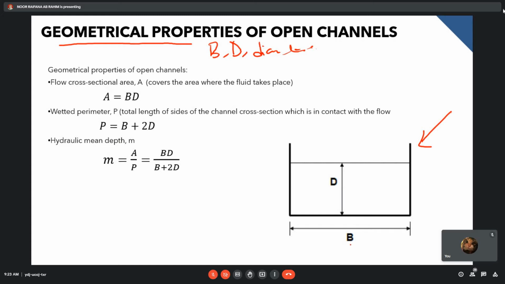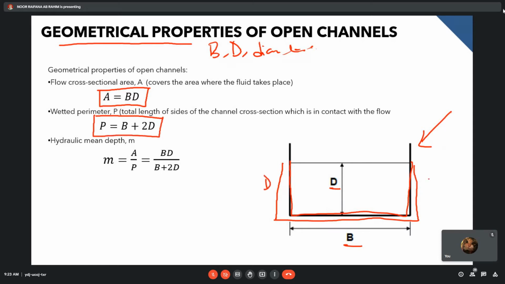We know that the width kita panggil B and the depth is D. So the area will be B times D. And then the wetted perimeter, ni kena tahu macam mana nak calculate wetted perimeter, yang kat luar ni. This is wetted perimeter. So P is equal to B plus 2D.